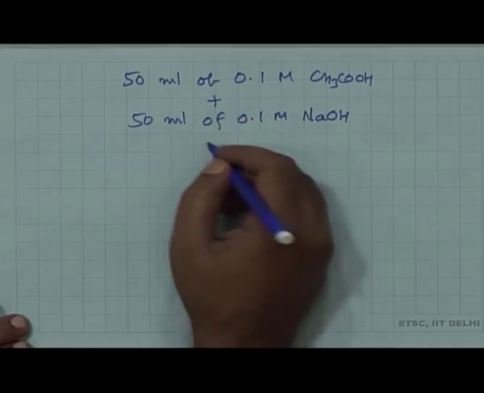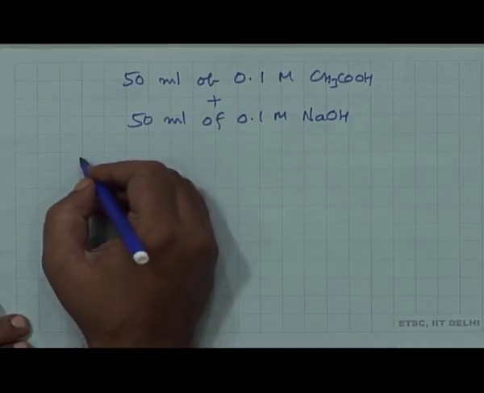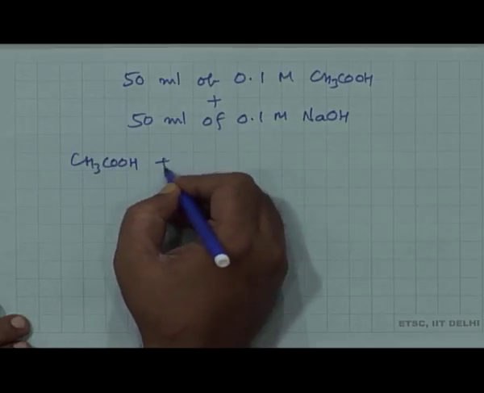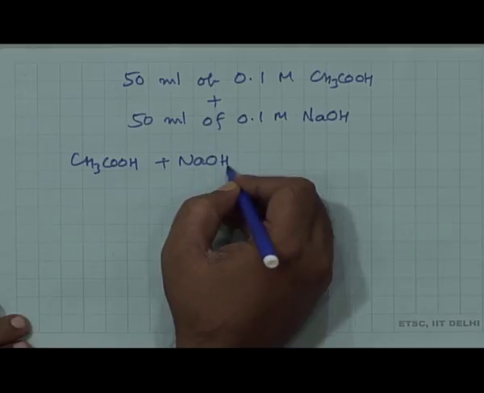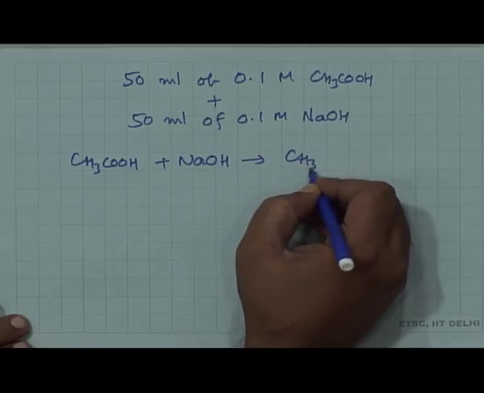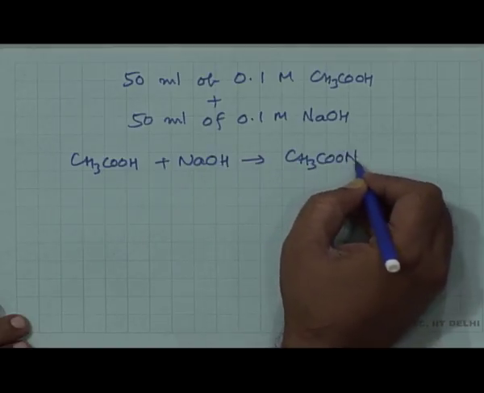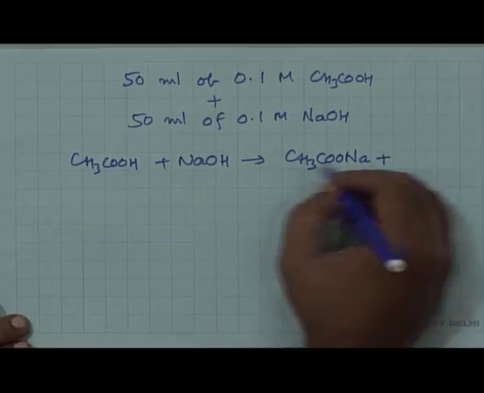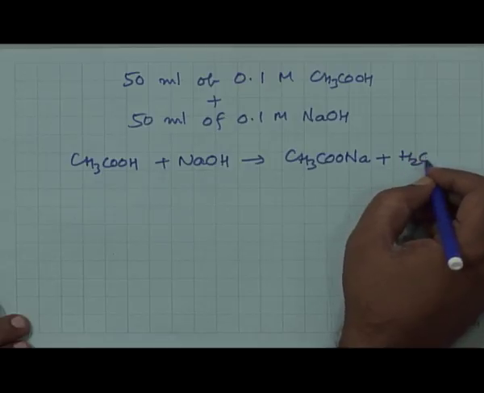What will happen? We have acetic acid and you have added NaOH, it will give you sodium acetate plus water.